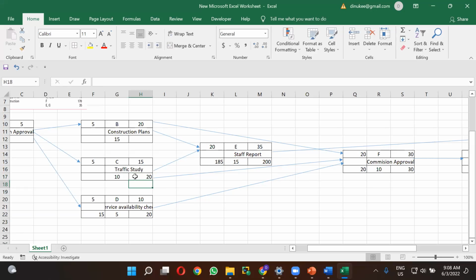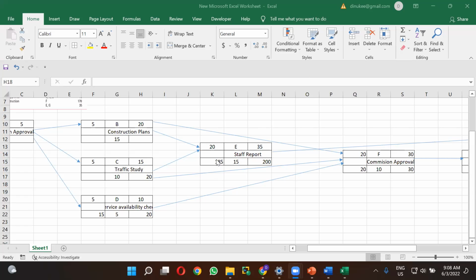Is that clear? Most of the students have answered that the answer is 20. So those who have answered are very good. And for the others, is that clear? How to take the late finish time when there are 2 arrows or more than 2 arrows coming for the node.